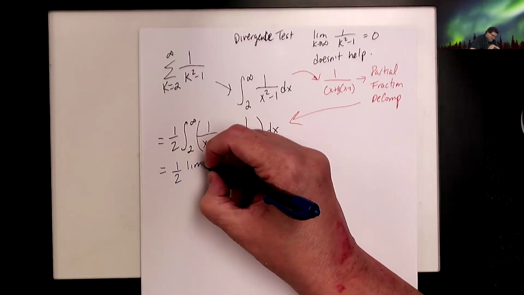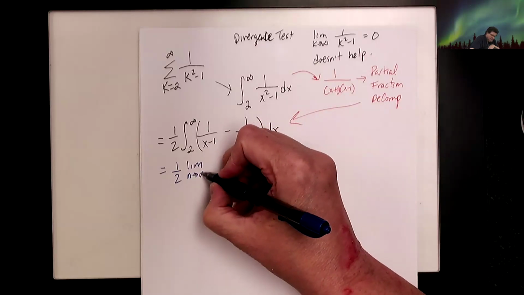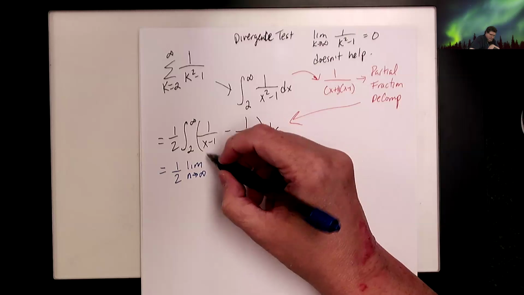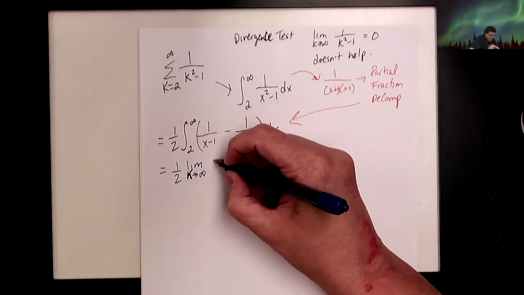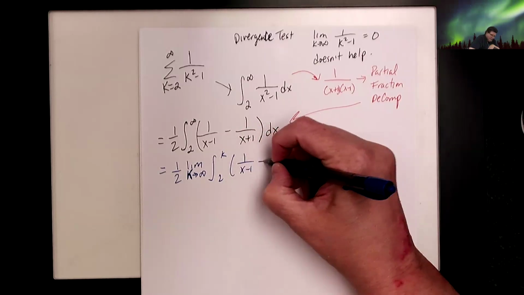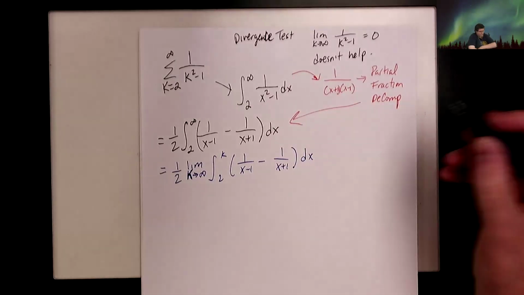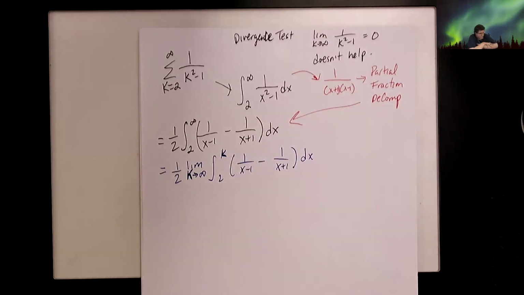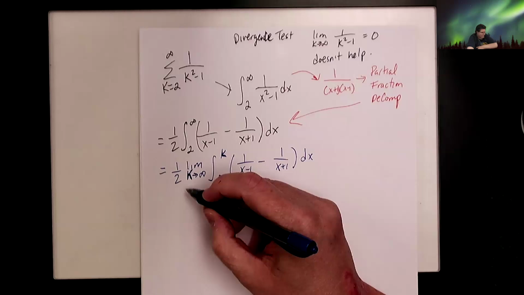I'm going to change the limit here because we do have an improper integral. Let's do k. The integral from 2 to k of 1 over x minus 1 minus 1 over x plus 1 dx. And the 1/2 can be inside the limit or outside the limit.